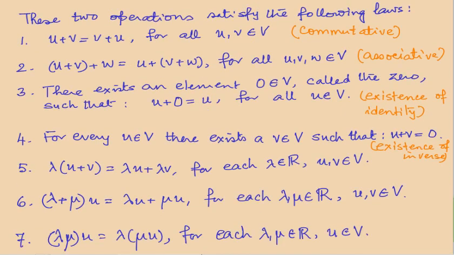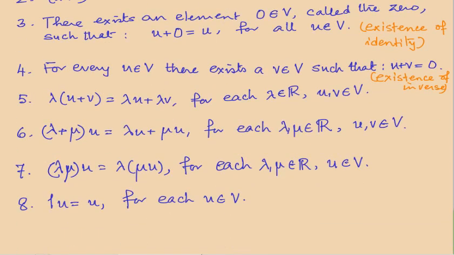There is an identity for the sum, and every vector has an inverse, and the scalar multiplication satisfies the distributive law with respect to vector addition, with respect to scalar addition, multiplication, and the trivial condition must be stated.